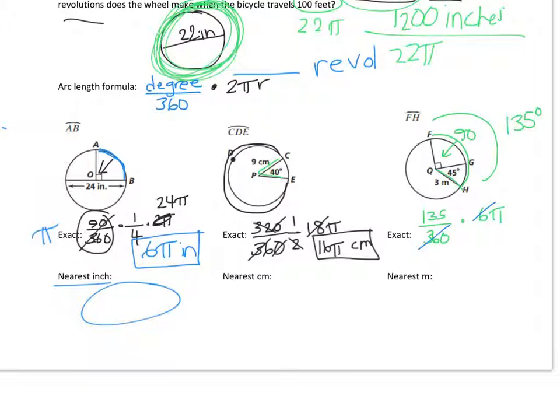So this is 1/60th. So then 135 divided by 60. This reduces to 9/4 pi. 9/4 pi. Okay, so to the nearest meter, you need to put this in your calculator and then round to the nearest meter.